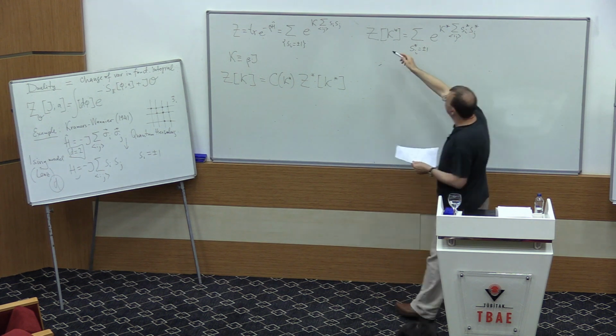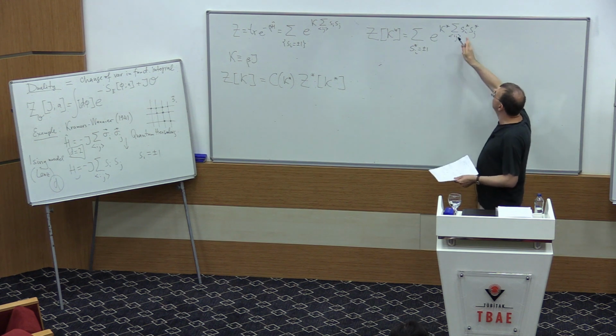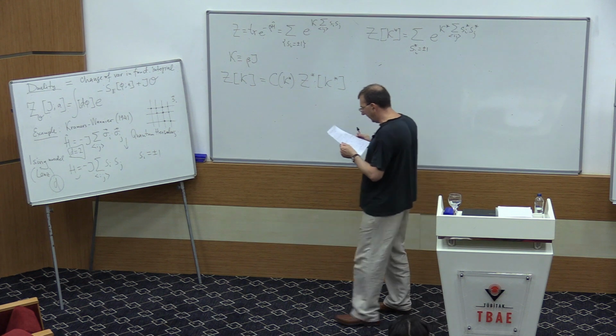In other words, this Z is also the Z of an Ising model, but an Ising model with different variables and a different K, which is now called K star.